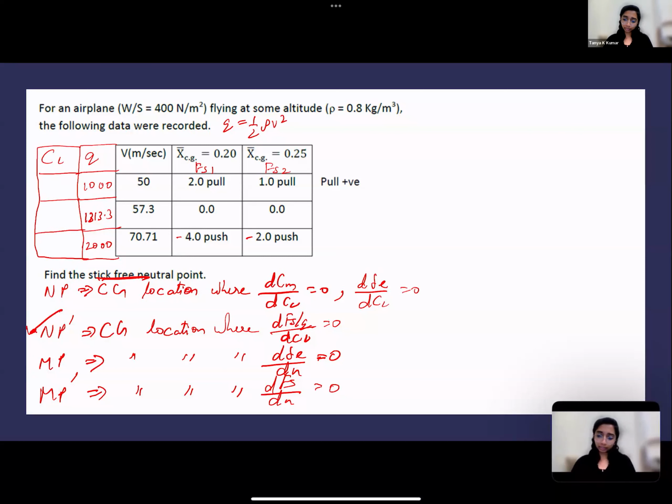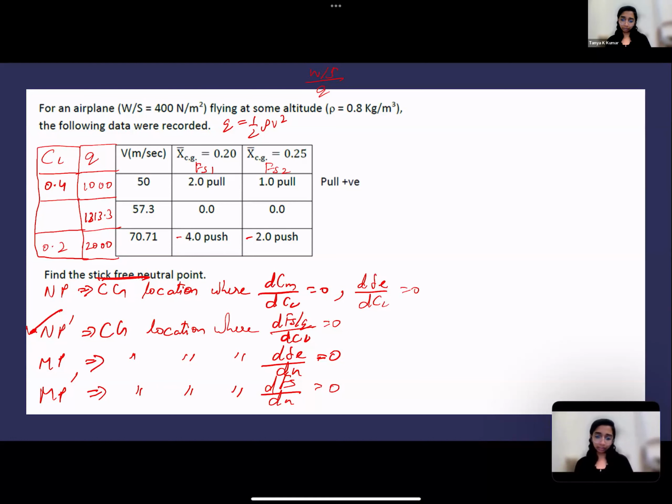CL is just W upon S by Q. Now that you've already found Q, W upon S is 400, so 400 by Q. 400 by 1000 is 0.4, 400 by 2000 is 0.2.